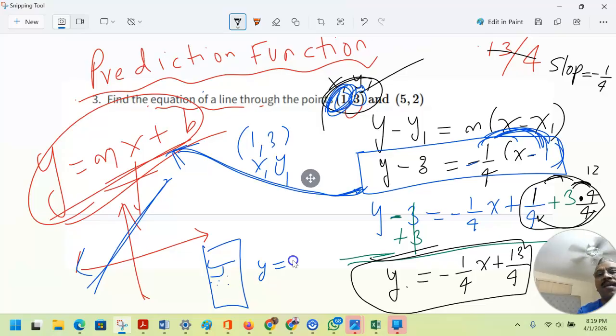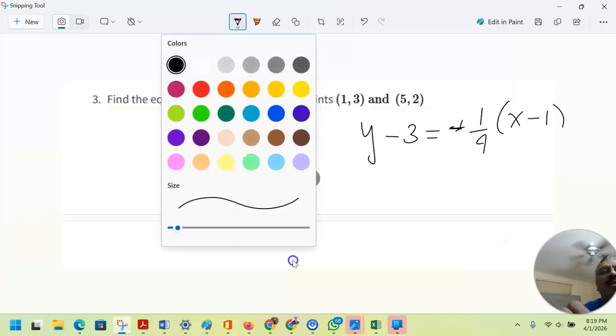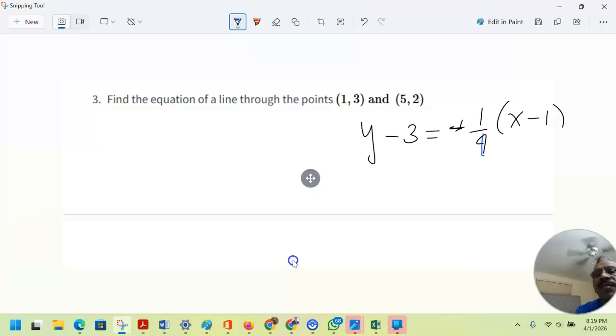Some of you will say, why can't you do it another way? Remember, suppose I have the same equation, y minus 3 equals minus 1/4 times x minus 1. Some use another strategy. What they do is, there's a fraction, you want to get rid of this 4, which is here. So multiply on this side and multiply on the right side.